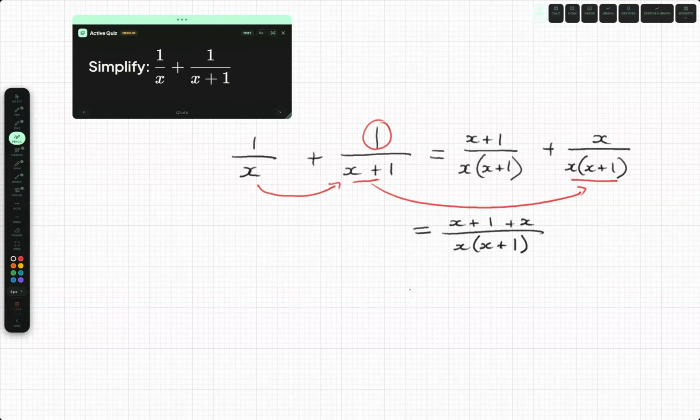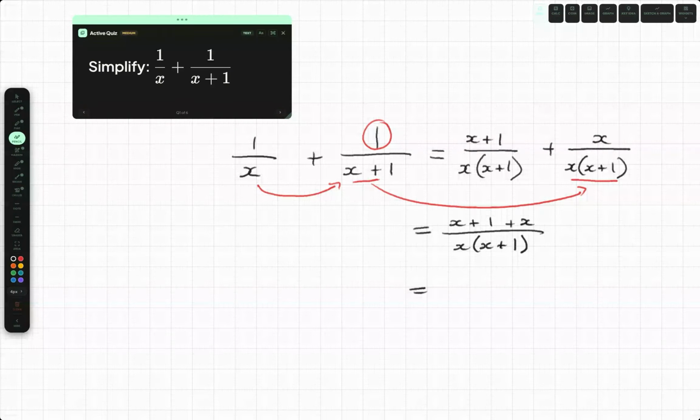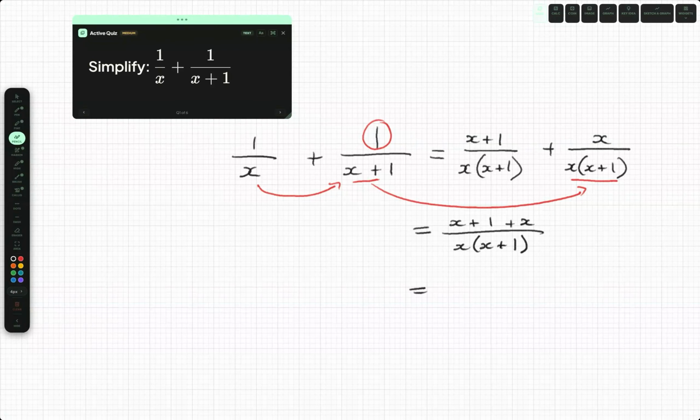Now, when we're doing this also, just leave these as they are. Leave this in its factored form, because it can be useful later on when we're looking to simplify or cancel. So x plus x is just 2x plus 1 all over x times x plus 1.